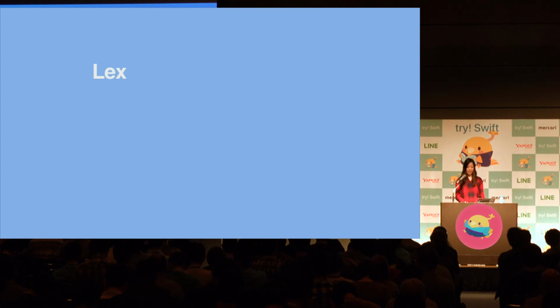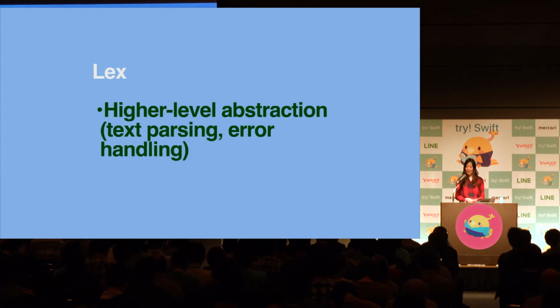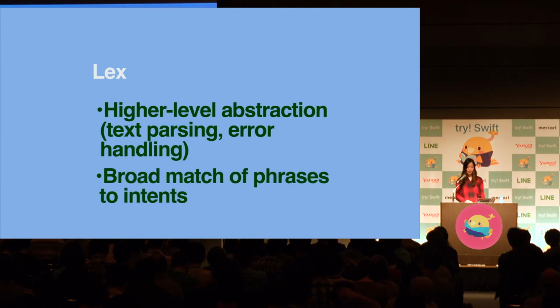For Lex, the benefits are that it's a higher level of abstraction, so things like text parsing or error handling are automatically handled for you. It also does really well on broad matching phrases to intents. So as you saw, I can just provide it some sample phrases, and then even if the user says something a little bit different, Lex can still figure out what's going on the majority of the time.